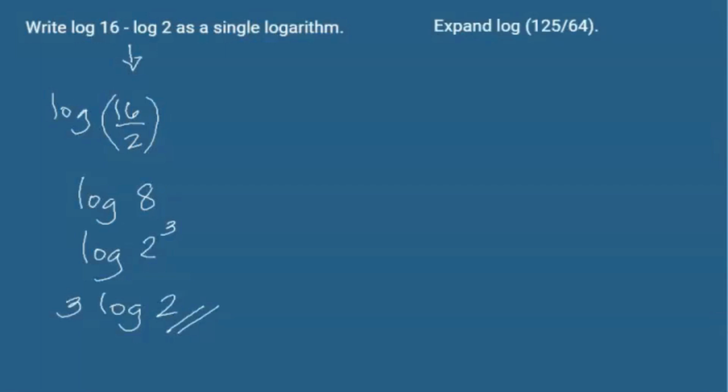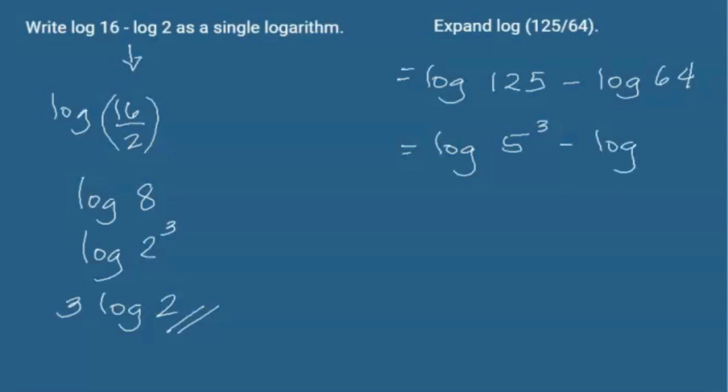Alright, let's try this one. Expand the logarithm of 125 over 64. As we know, this is the quotient law, the second law of logarithm, so we can write this as the logarithm of 125 minus the logarithm of 64. We can express 125 as 5 cubed, and 64 as 4 cubed.